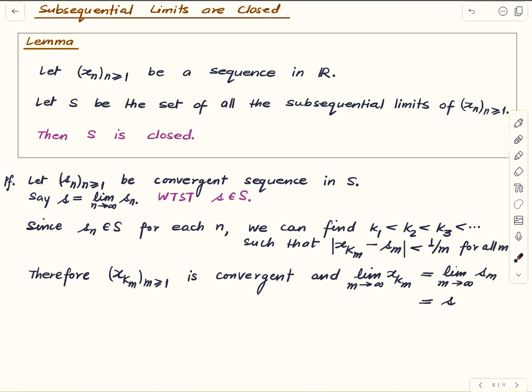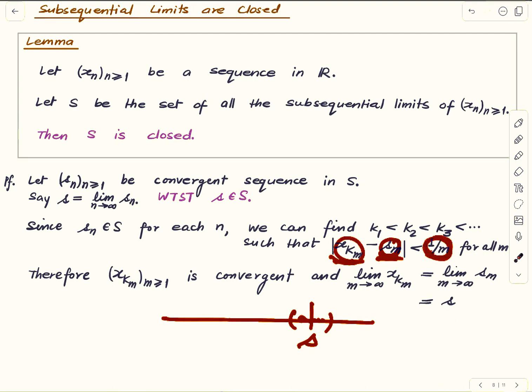The point is, Sm comes closer and closer to s, right? As m increases, Sm comes closer and closer to s, and xkm comes closer and closer to Sm. xkm and Sm have very, very small distance, and as m increases, the distance becomes smaller and smaller. So the distance between s and xkm has to be also smaller and smaller.